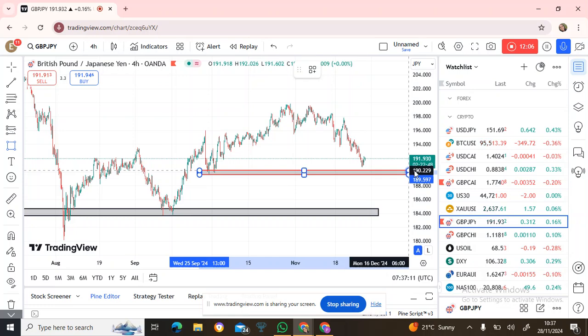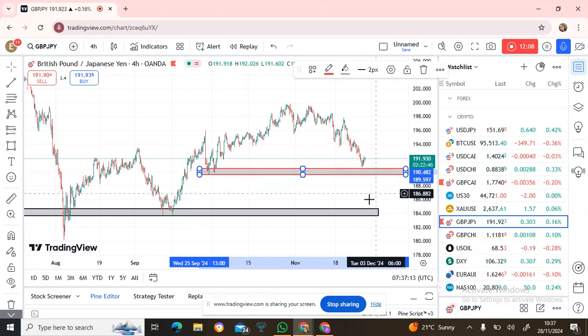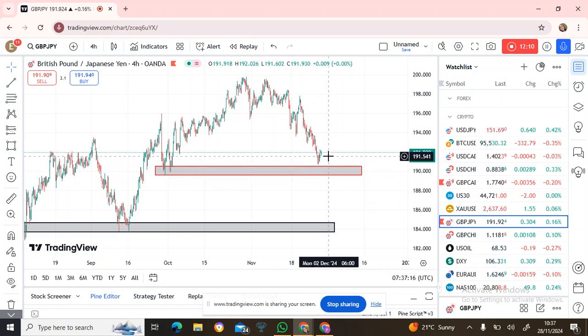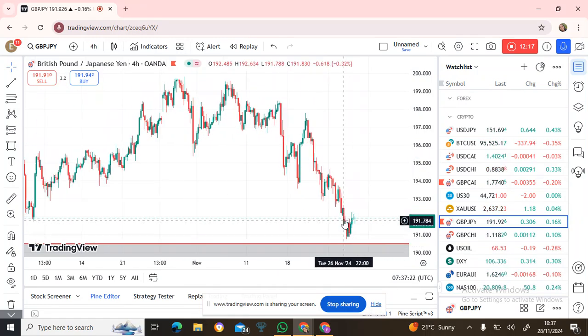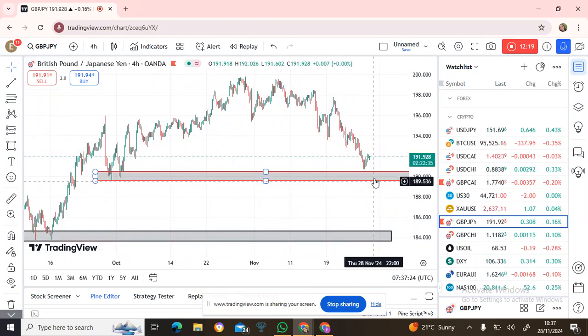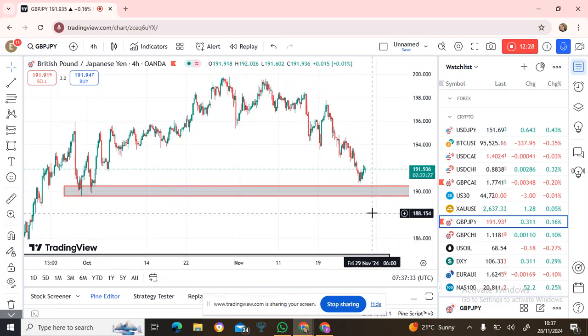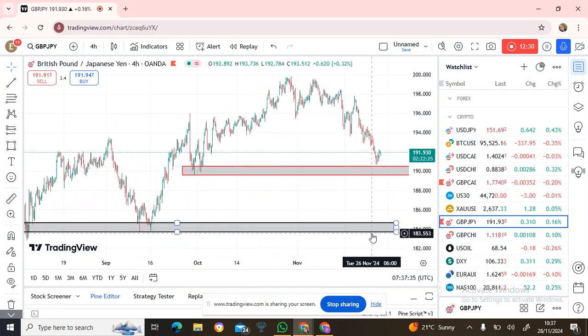So for now, we have to wait and see what's going to happen for GBP/USD. Let's wait for a drop to this demand zone, then we can watch what is going to happen around this zone. If we get rejections, we can go long, or if GBP/USD manages to break this zone, then we are going all the way to this demand zone.